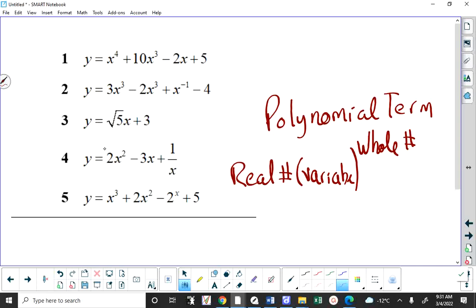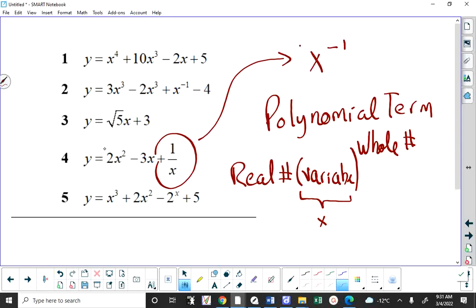A whole number is a positive number with no decimals, or zero. And the variable, by the way, is most likely x. I mean, we can have polynomial functions of y or other variables, but it's usually x. When you take a look at this term, Ian, this term is x raised to the negative 1.